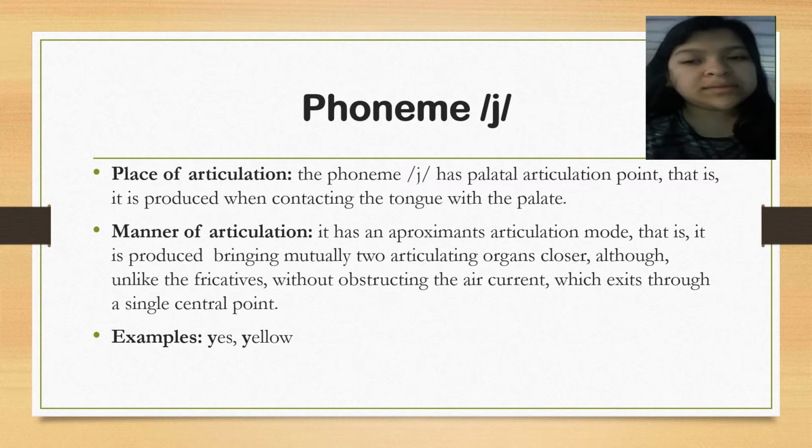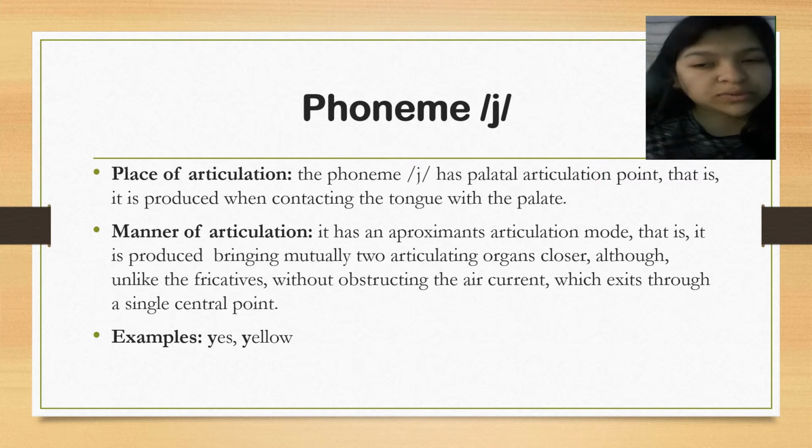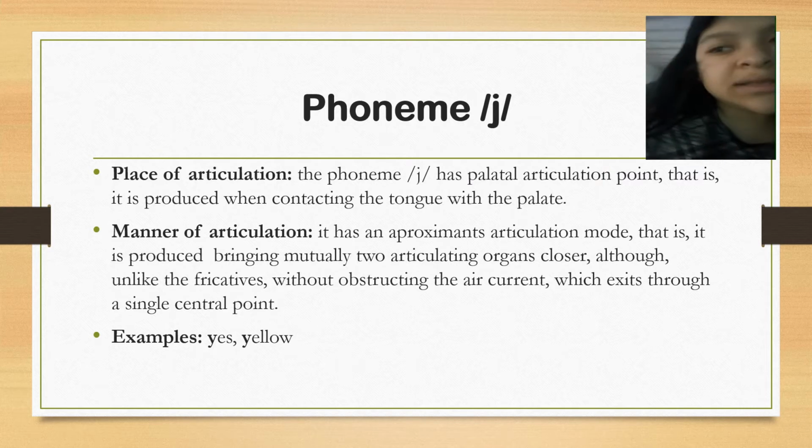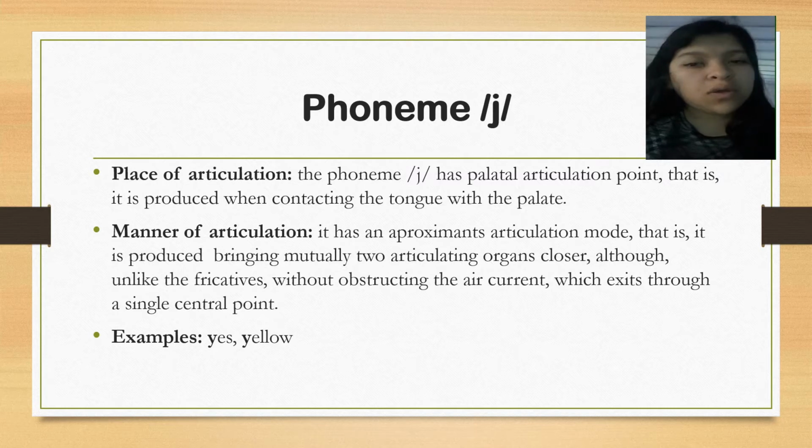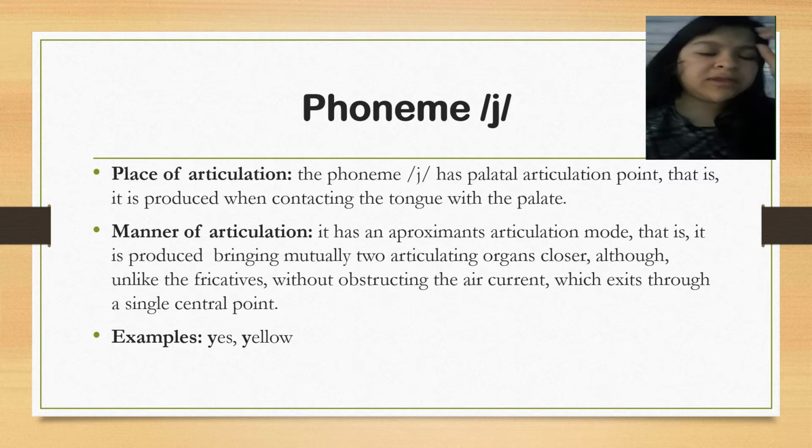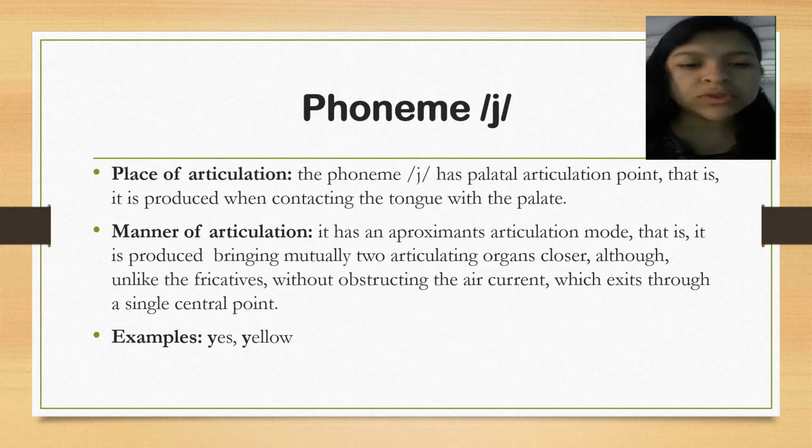As for manner, it has an approximant articulation mode, that is, it is produced by bringing two articulating organs closer, although unlike the fricatives, without obstructing the air current, which exits through a single central point. The pronunciation of this phoneme is J. Example: yes, yellow.